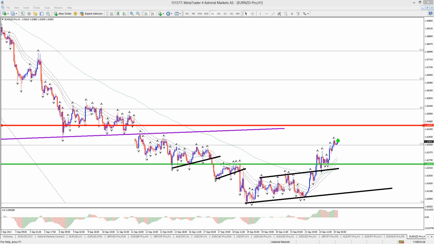But you see that it's pretty difficult to take it here with that as a target. If we do move back here and bounce, that could make sense. Something like that. But obviously the price is above the band right now.